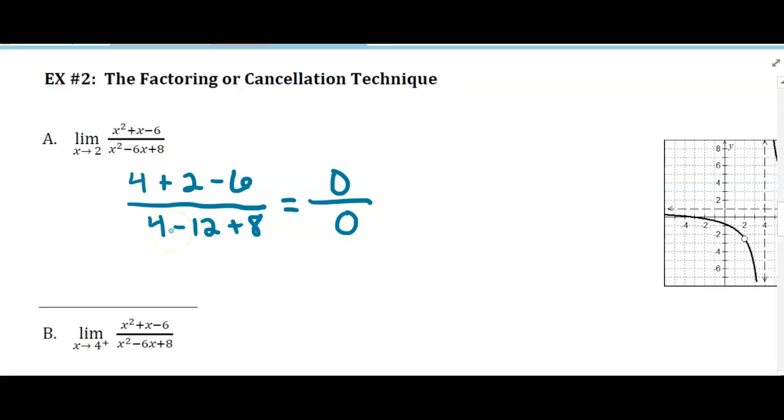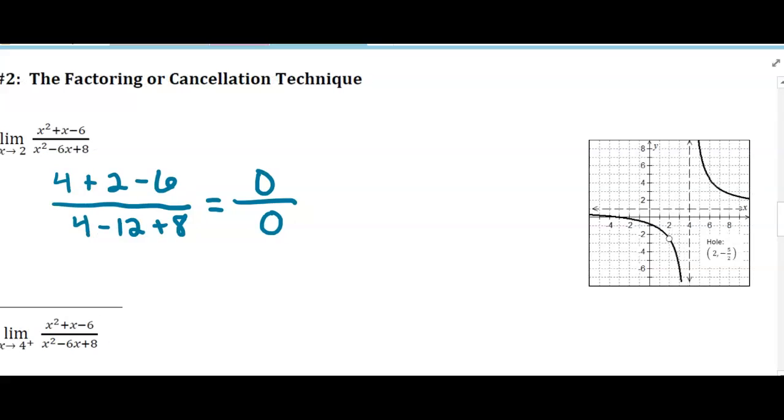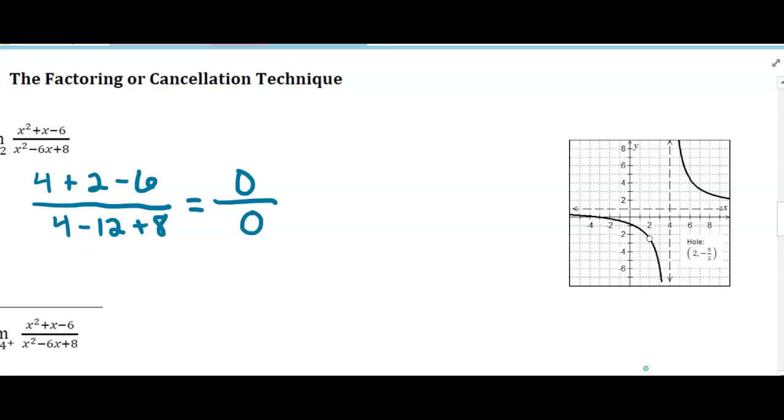And so I do want to point out that I have the graph of this function over here on the left, and you'll notice that at an x value of positive 2, we have something going on here. While the function value might be undefined, right, because we have a hole here at the graph, we'll kind of walk through this as well to see how we can determine this algebraically when we don't have a graph.